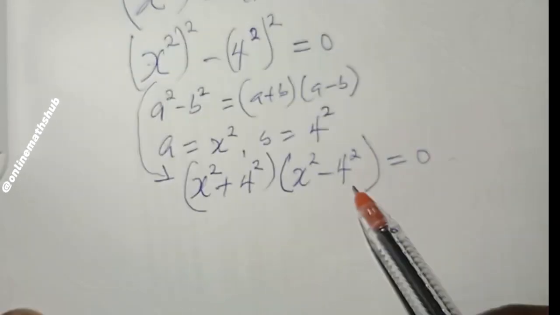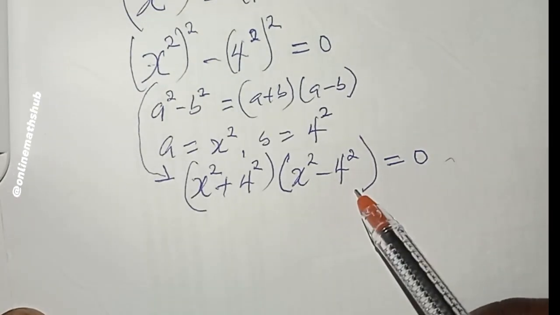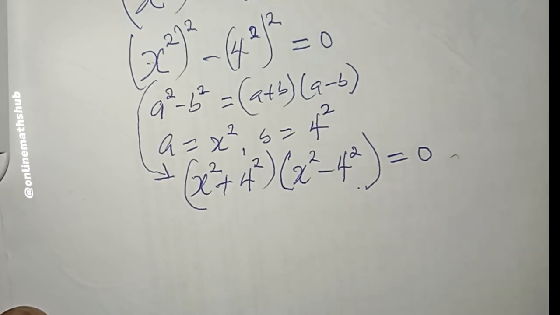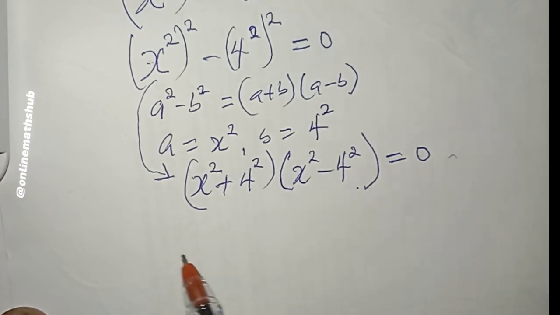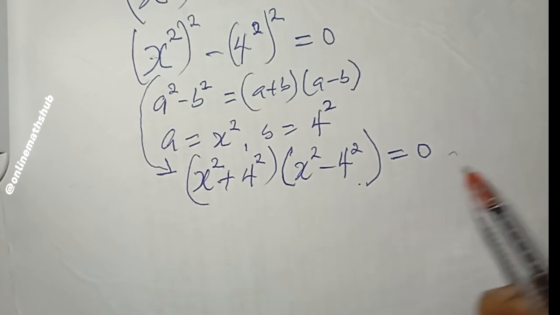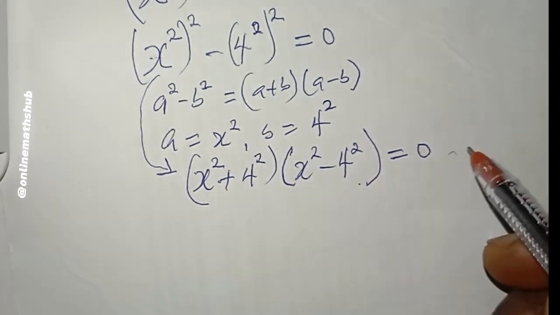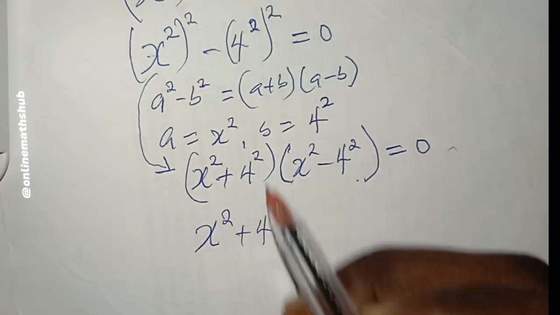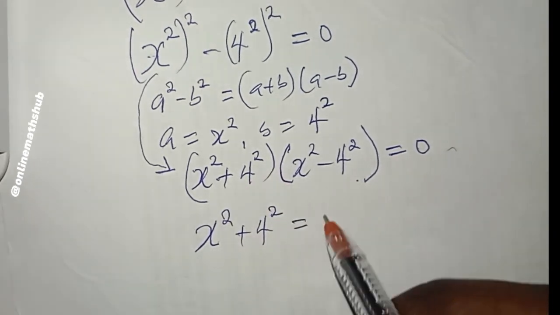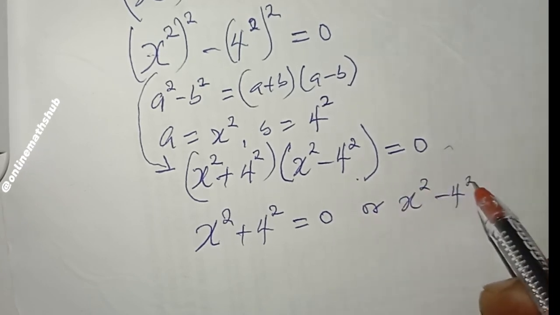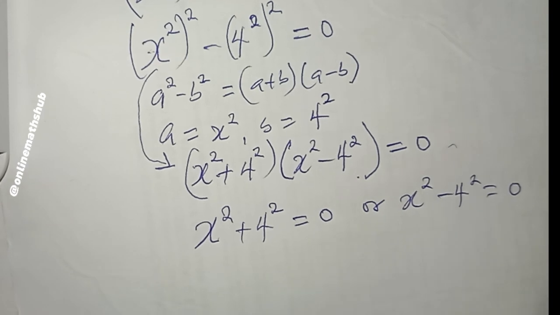What we're going to use to simplify further is the zero product rule, which basically says that when the product of two or more terms is equal to 0, you can guarantee that either one of the terms is equal to 0, or all of the terms are equal to 0. So here this implies that it's either x squared plus 4 squared is equal to 0, or x squared minus 4 squared is equal to 0.